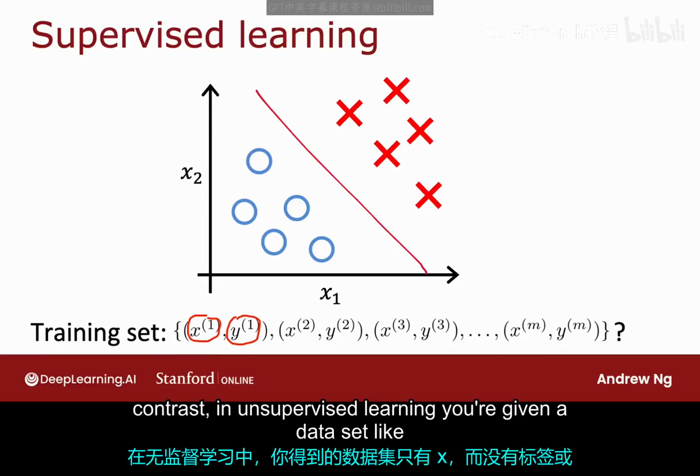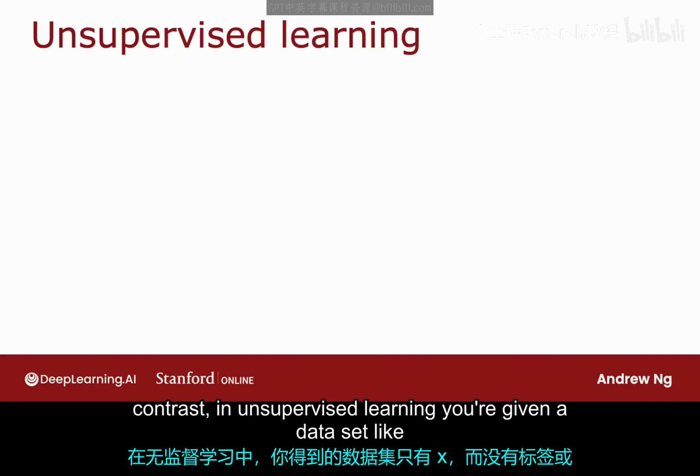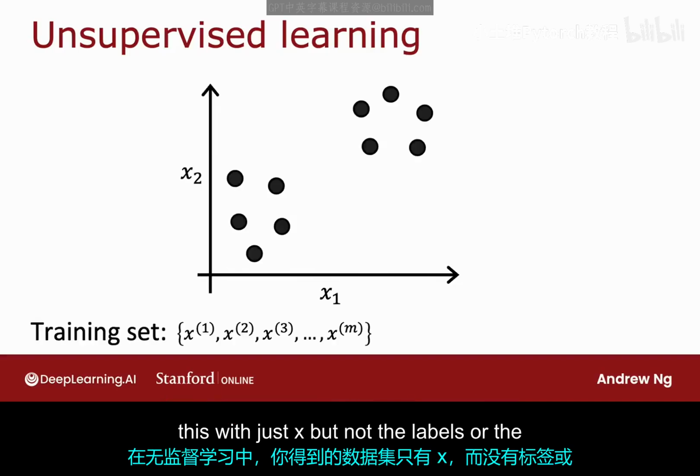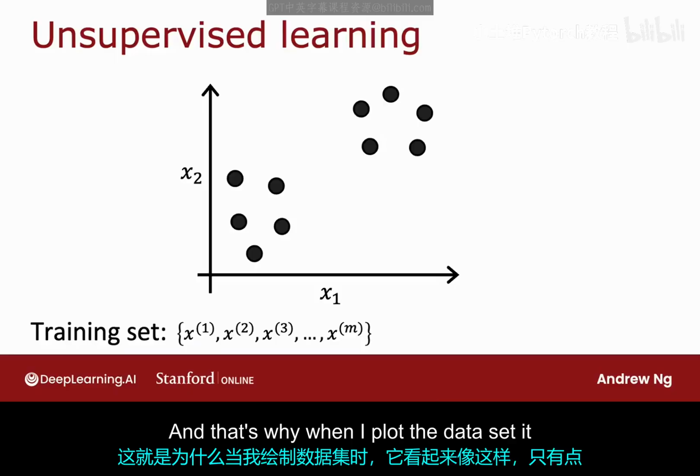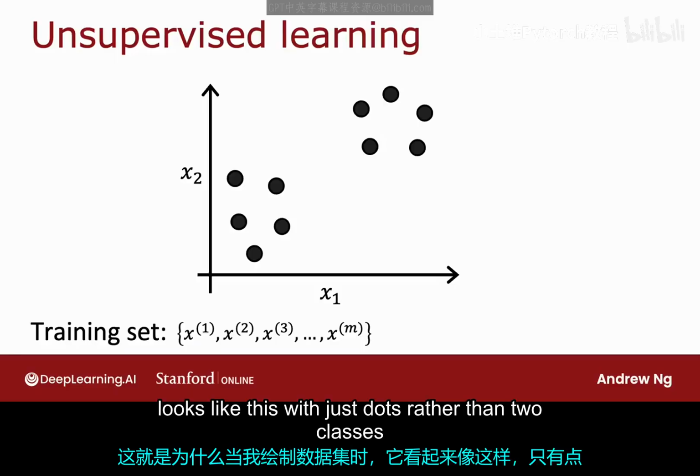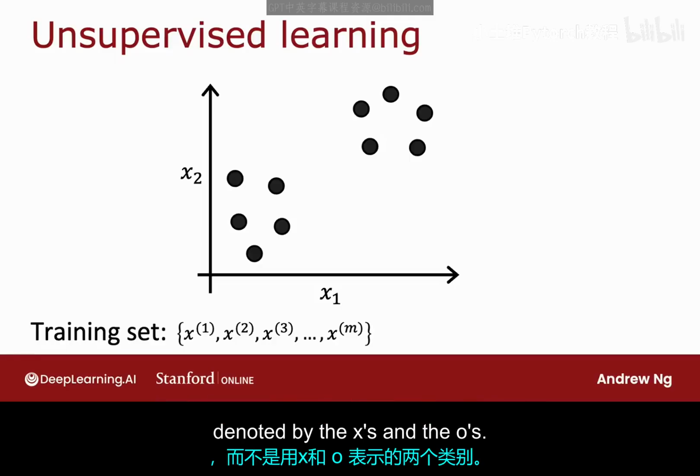In contrast, in unsupervised learning, you're given a data set like this with just x, but not the target labels y. And that's why when I plot the data set, it looks like this, with just dots rather than two classes denoted by the x's and the o's.